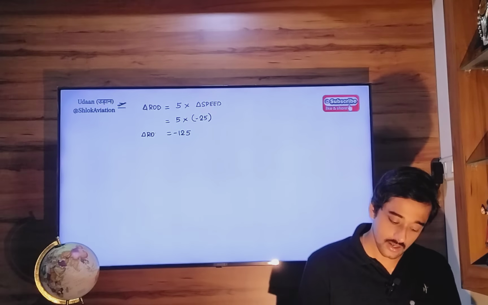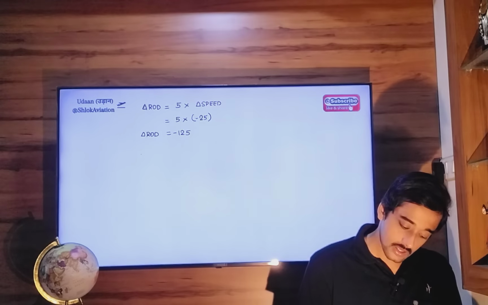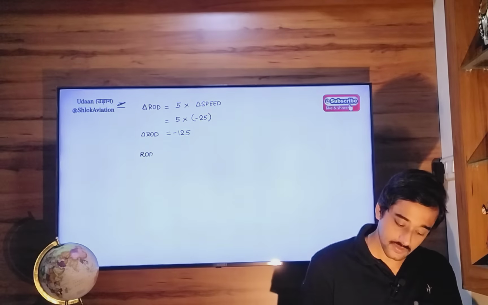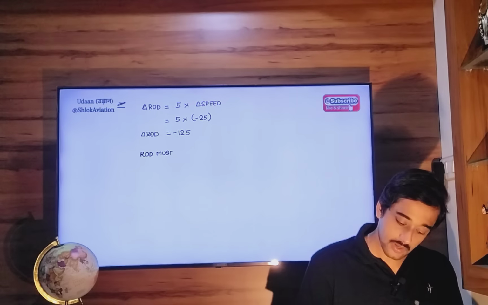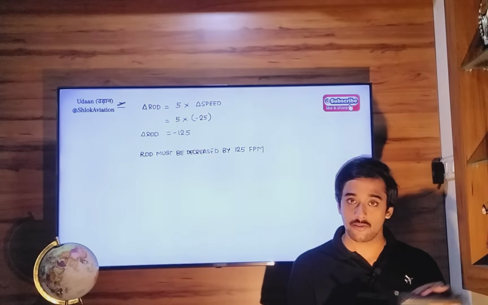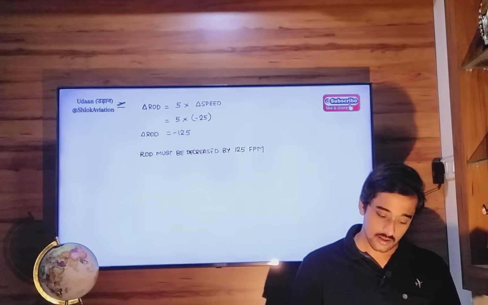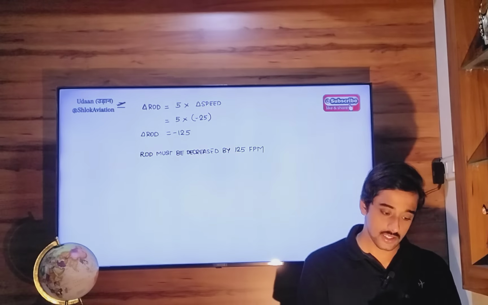Minus means decrease. So the rate of descent must be decreased by 125 feet per minute. 5 into 25 is 125.